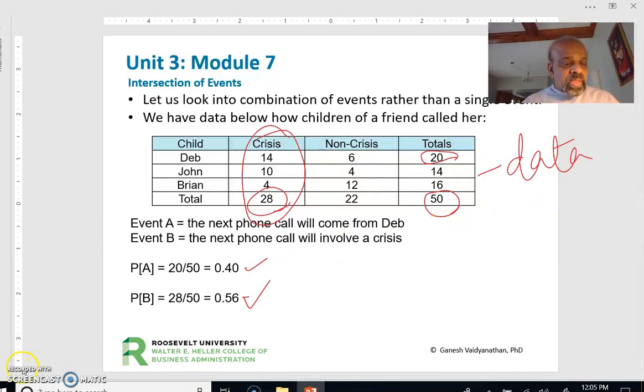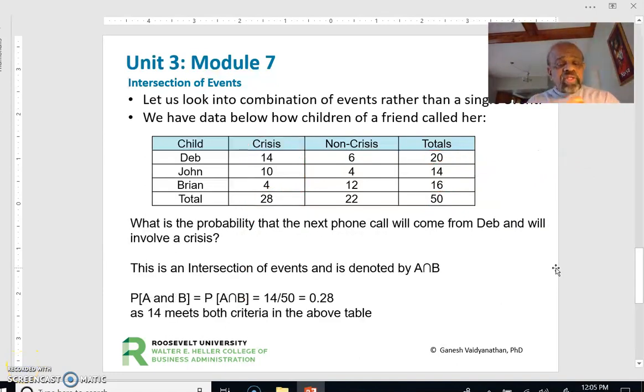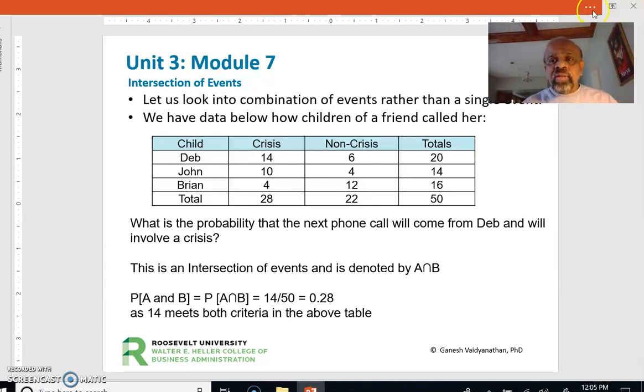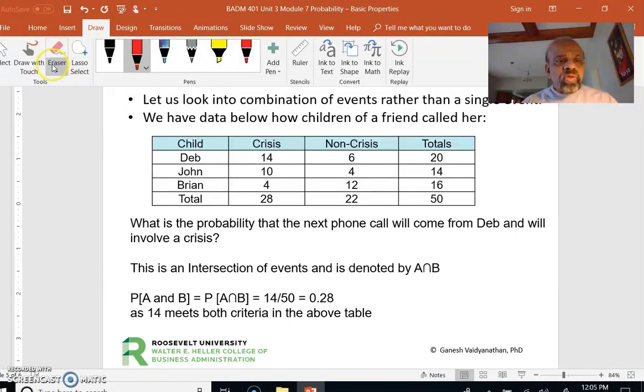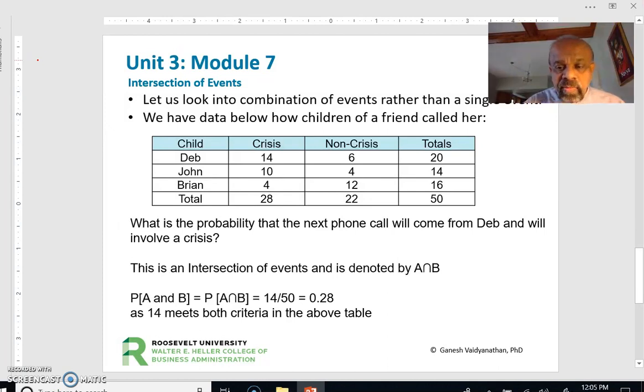Okay, so this is a part of intersection. Now, intersection of events can be denoted as A intersection B. So this A intersection B is the symbol like this, A intersection B. Okay.